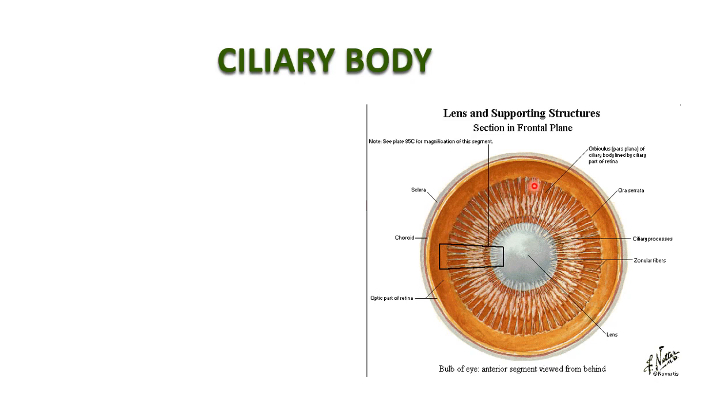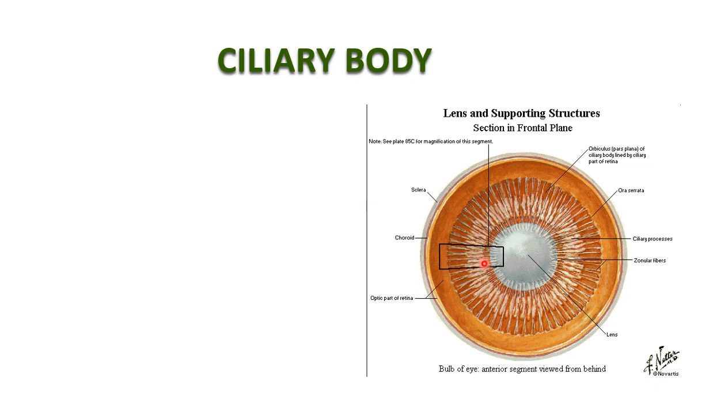This is the serrated margin which you can see here, called the ora serrata, to the periphery of the iris at the sclerocorneal junction. It provides attachment to the suspensory ligament of the lens.